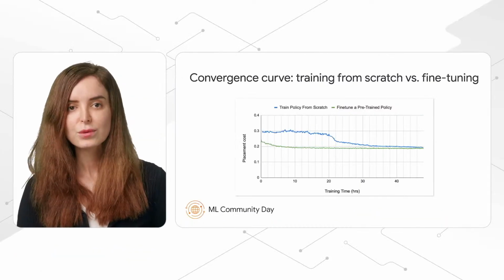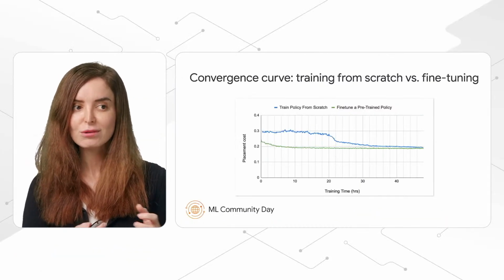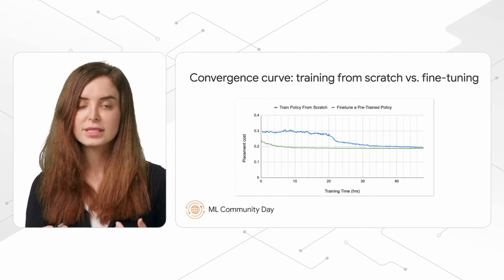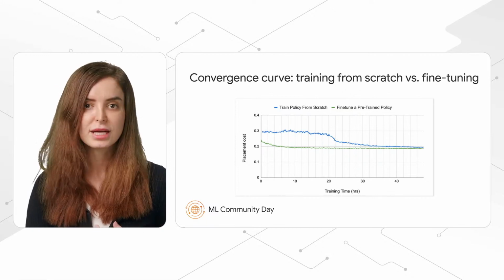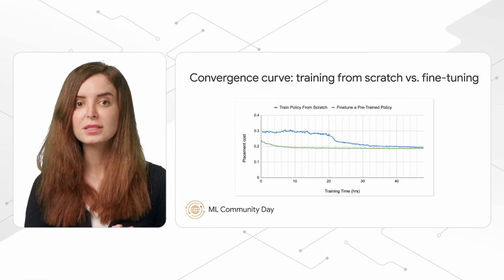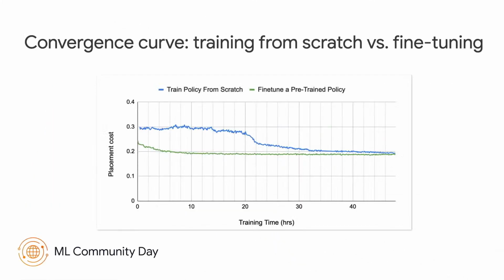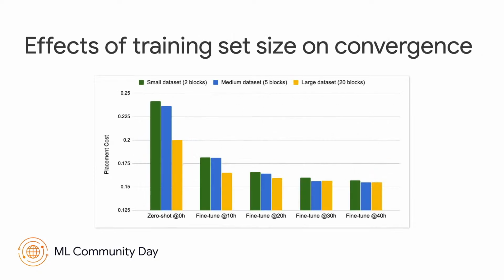So here is a slide showing how this pre-trained policy helps us achieve better results and also achieve those faster. In this case, for example, we are getting optimized placement more than 30 hours faster than the policy that is trained from scratch. Here is another slide that encourages us to extend the pre-training on more and more netlists.